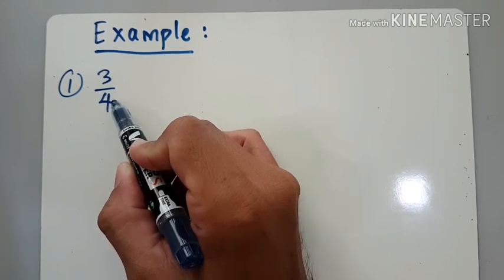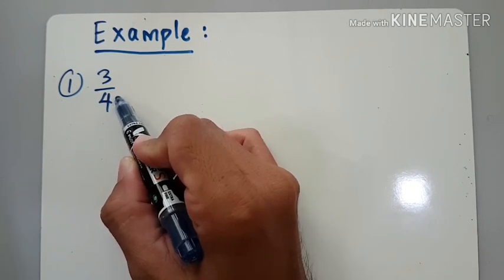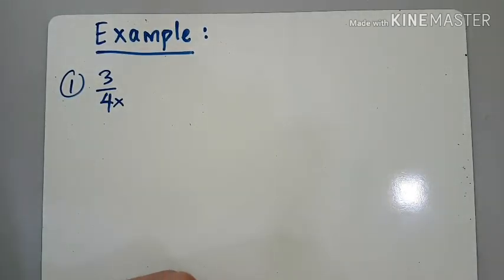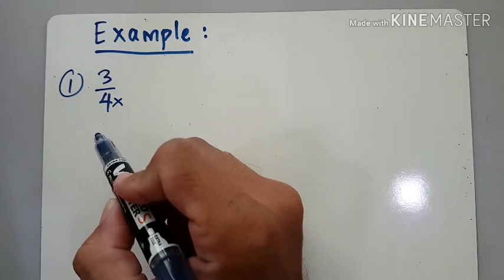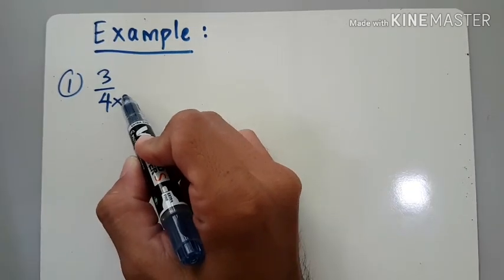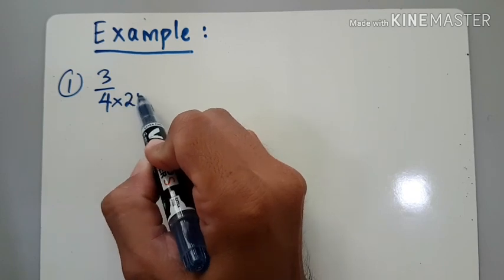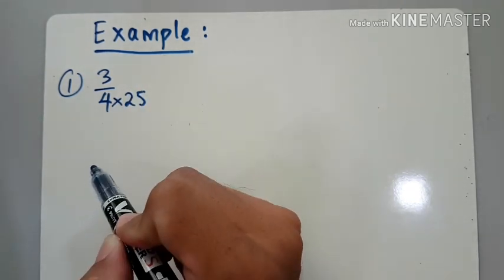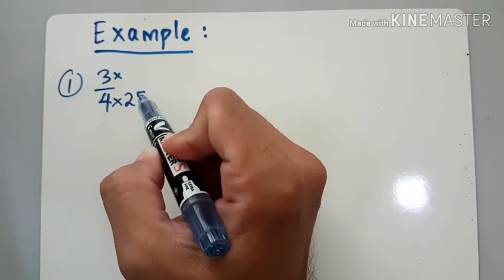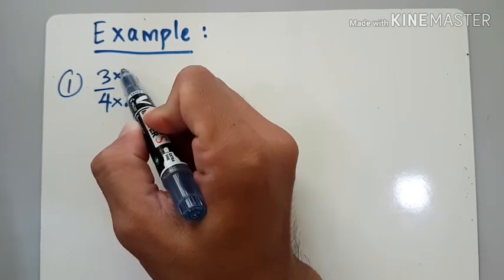So how to do that? 4, you need to figure out 4 you need to multiply by what to get 100. So have you figured it out? So yes, it's 4 multiplied by 25. The same thing you do with the numerator, so you multiply by 25 also.